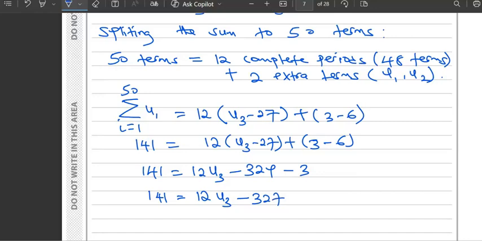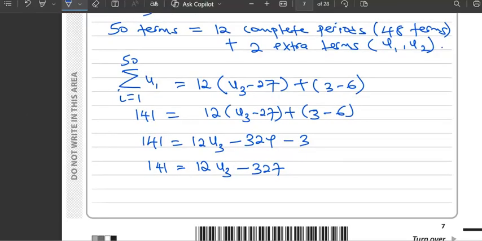Collecting the like terms, 12u3 should be equal to, when the negative crosses the equal sign, 141 plus 327.